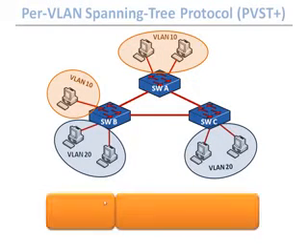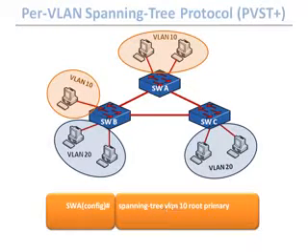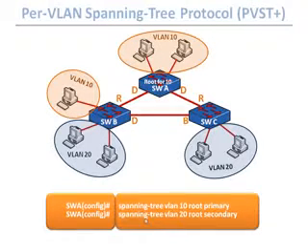Well, since per VLAN spanning tree protocol is running by default, all we have to do on switch A, in global configuration mode, is type spanning-tree VLAN 10 root primary, which will ensure that switch A is the root bridge for VLAN 10, and it will result in the spanning tree topology looking something like this, but for VLAN 10 only. And we can type spanning-tree VLAN 20 root secondary. That means that switch A will be the backup root bridge for VLAN 20.